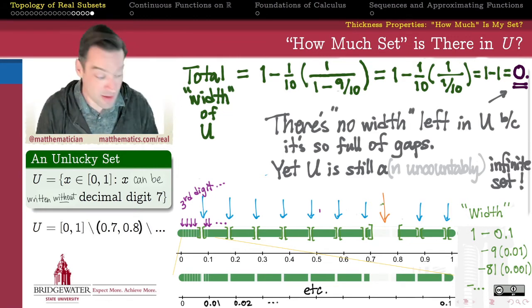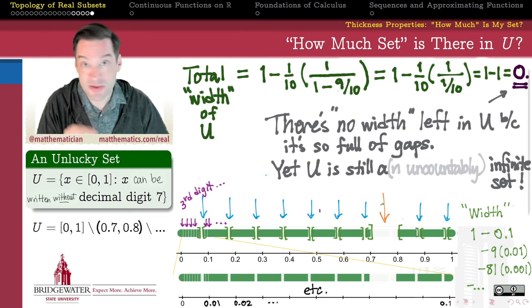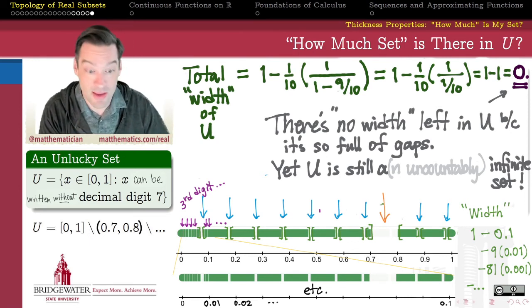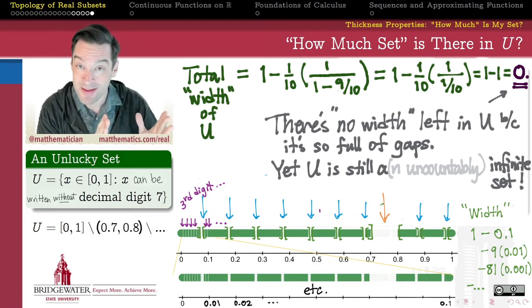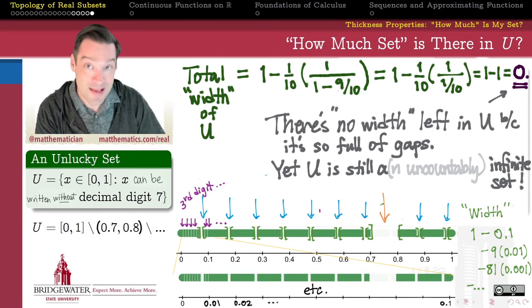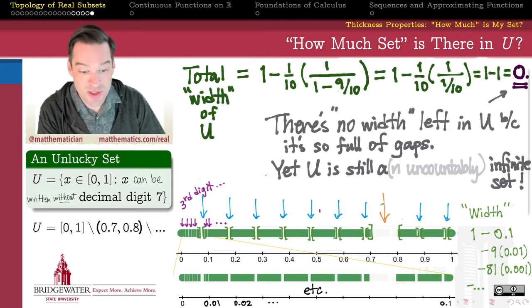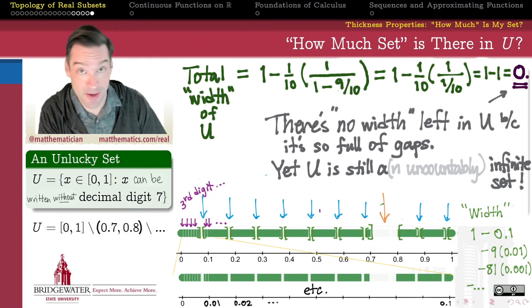Now, width is not going to be the kind of concept that we're going to hang on to for very long, because again, it's more geometric. We want something more topological. But it does bear mentioning that this idea of width, sort of how wide an interval is on the real line, does give rise to a productive way to measure the sizes of sets that is called ultimately the Lebesgue measure on the real line, which is going to be an important way of measuring the size of sets when it comes time to define a notion of integrals later on.